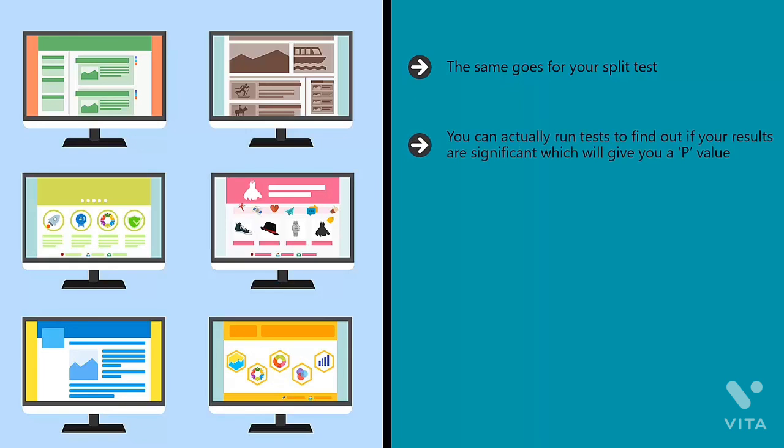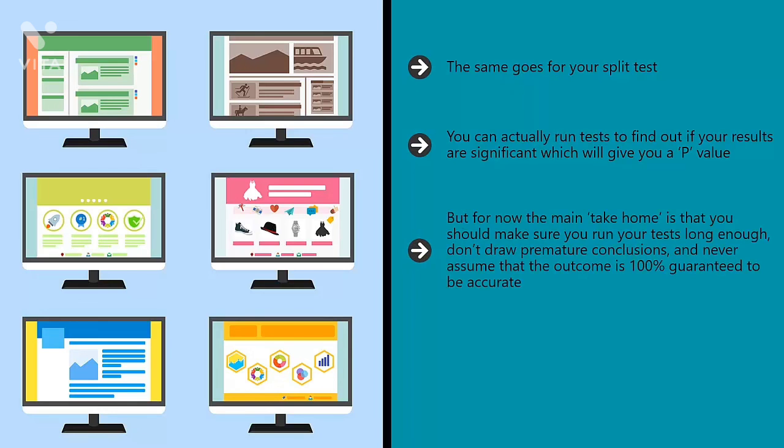This is what we refer to as statistical significance. You can actually run tests to find out if your results are significant, which will give you a p-value. This p-value tells you the percentage likelihood that the outcome was a fluke, with anything less than 5%, p less than 0.05, being considered significant. But for now, the main take-home is that you should make sure you run your test long enough, don't draw premature conclusions, and never assume that the outcome is 100% guaranteed to be accurate.